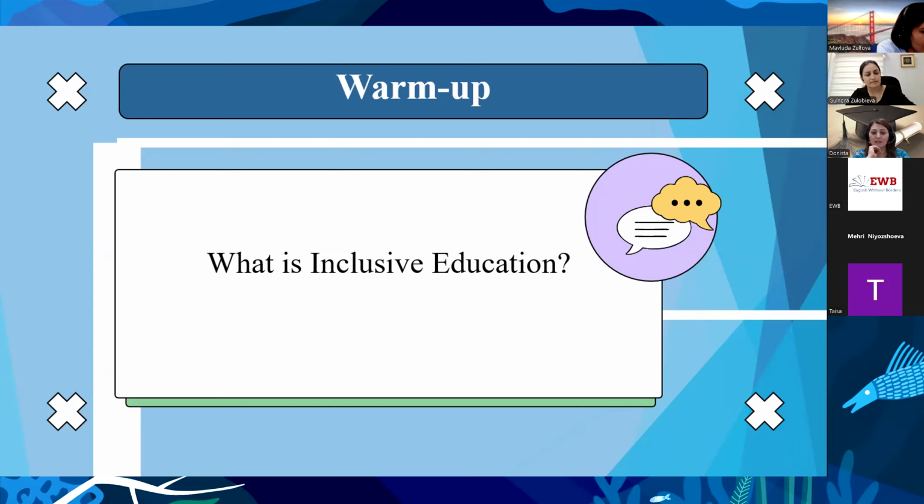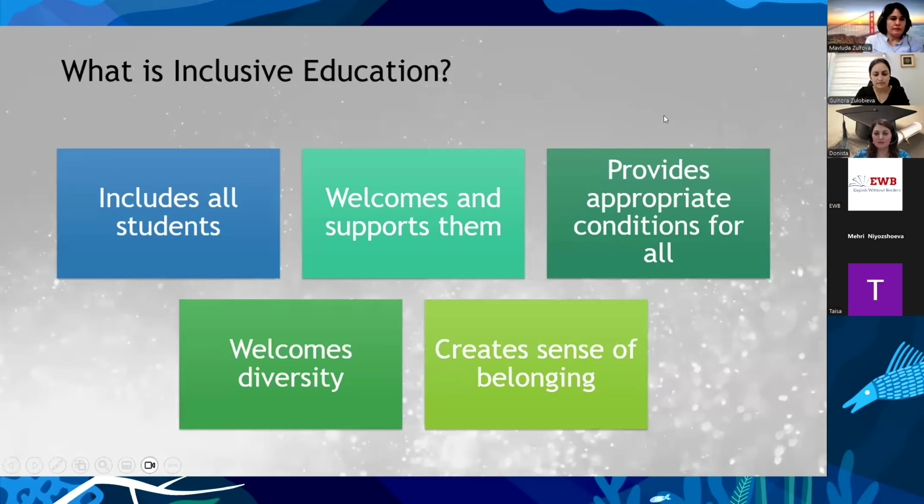Let's dive deeper and see what we can learn more about it. Some of you have mentioned these ideas. Inclusive education includes all students despite their ability, both physical or mental conditions.